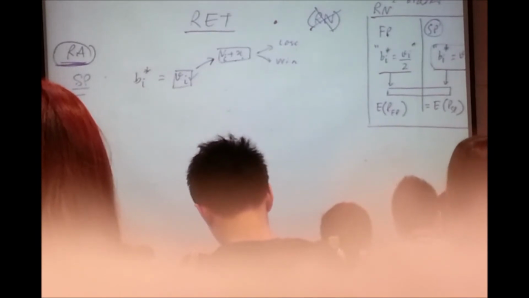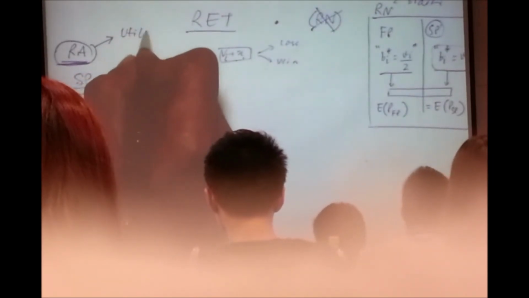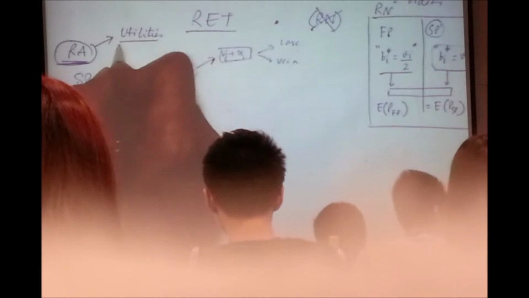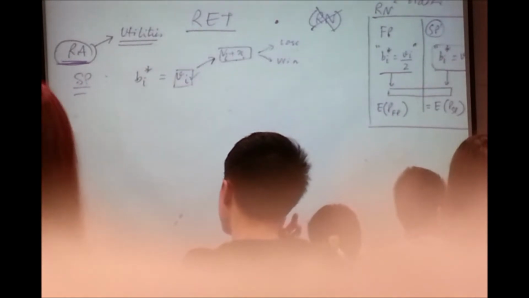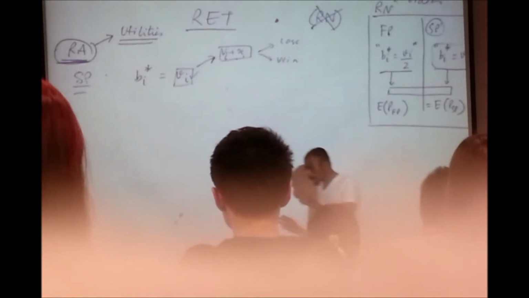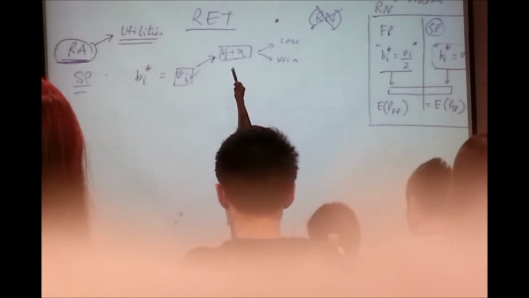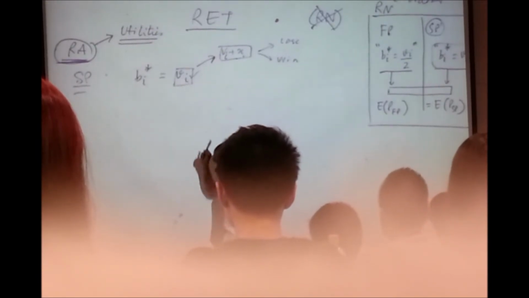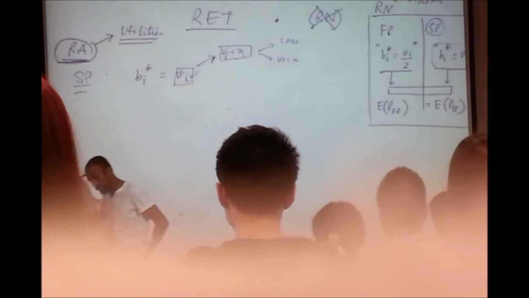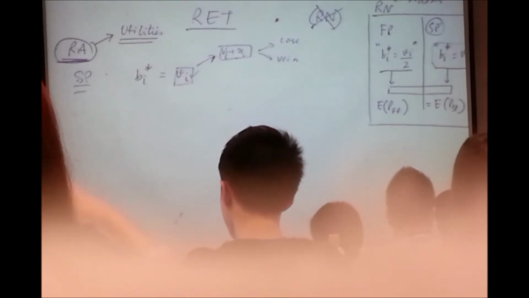Notice what I'm saying. Either you get the same payoff, or you get a lower payoff. Now you will say, yes, Sovan, you are correct, but risk-averse bidders don't care about payoff. They care about utility. If their payoffs are the same, then what can I say about their utility?